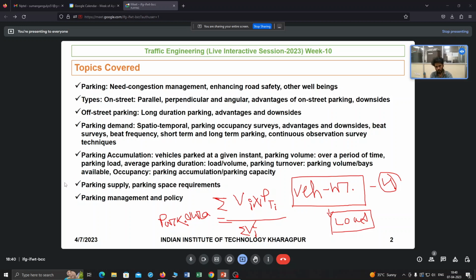I was discussing that not only parking demand is important but also parking supply is important. You have to design this parking space.